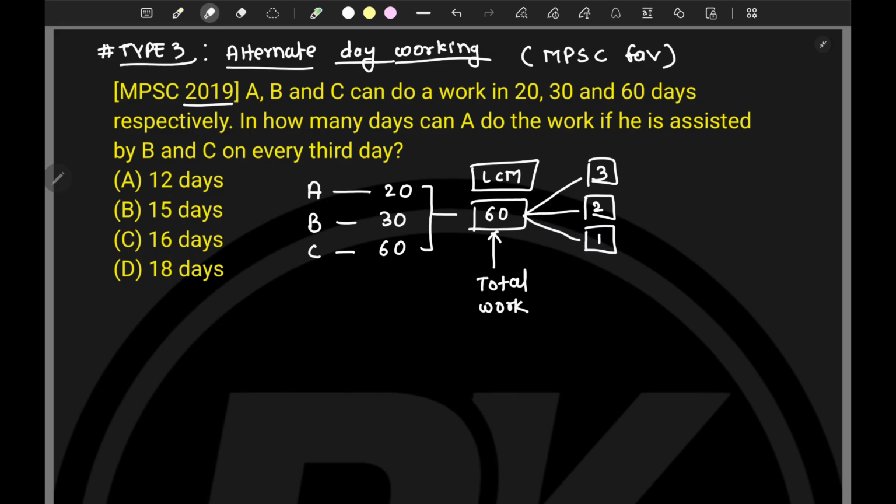Now the problem asks: in how many days can A do the work if he is assisted by B and C on every third day?